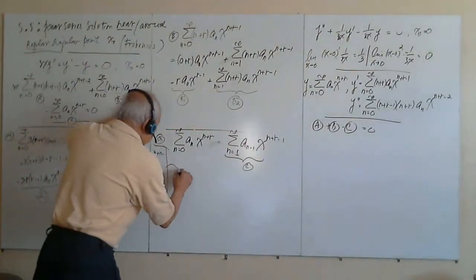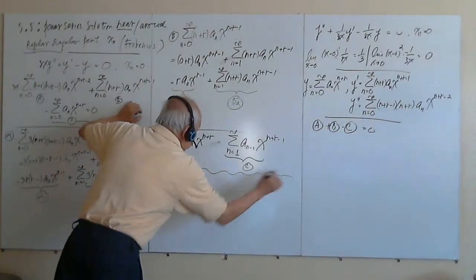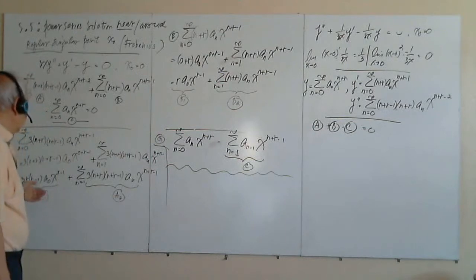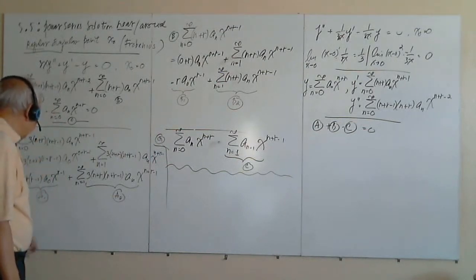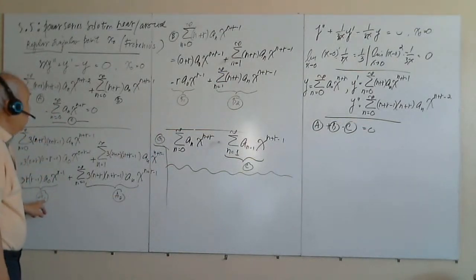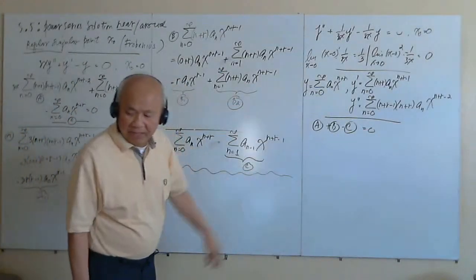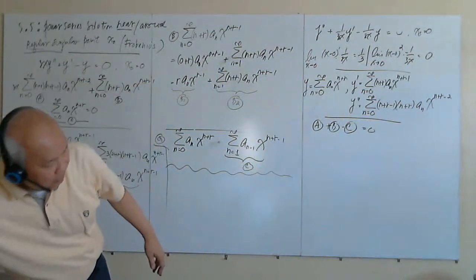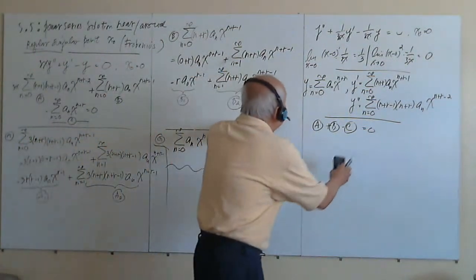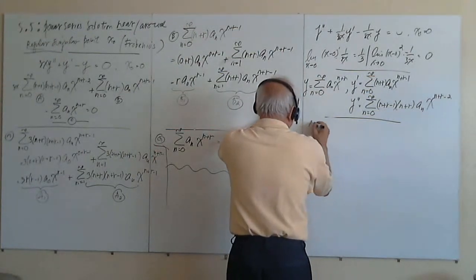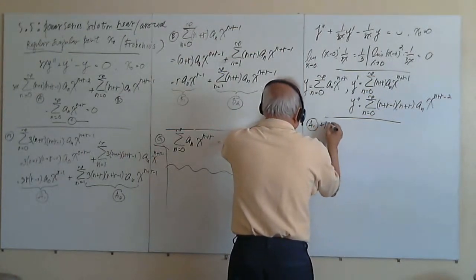So first of all here, I need to combine, remember, just like the way we did last week. I have to revise this one just a little bit here. So I have to do A1 plus A2.